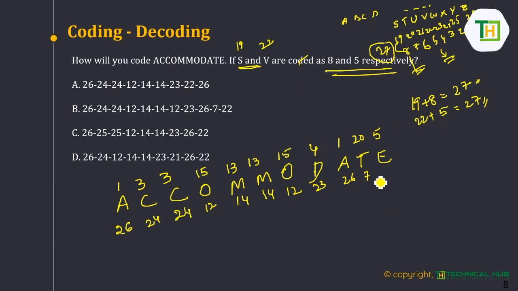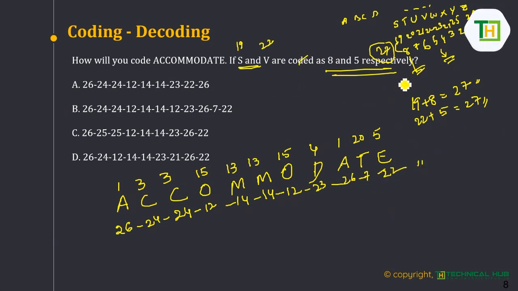E is 5, adding 22. So the logic is that the actual position and the given position are added, and the sum is 27. So the final answer is 26, 24, 24, 12, 14, 14, 12, 23, 26, 7 and 22.